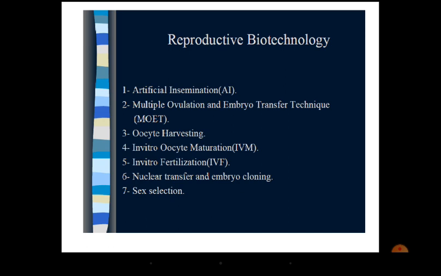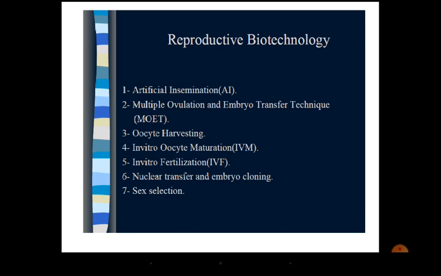Okay, so the second point is multiple ovulation and embryo transfer technique. It is again a technology. Compared to AI, it is a less adopted technique, but the advantage in MOET is so important. I'll elaborate on the technique in the next slide.